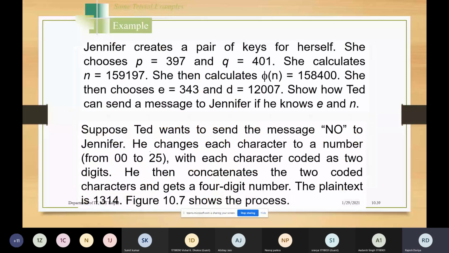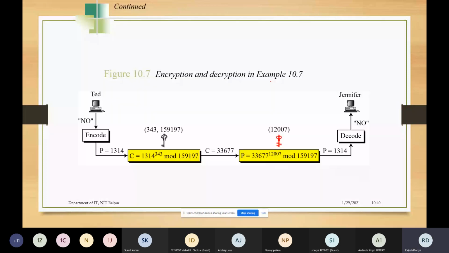In general or in practice, these things are pretty complex. For example, if P is this and Q is this, these are the two large prime numbers, then their product is going to be this much and their phi n is going to be this much. This is how things look at the backend.